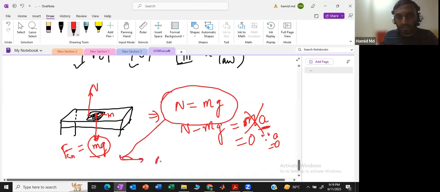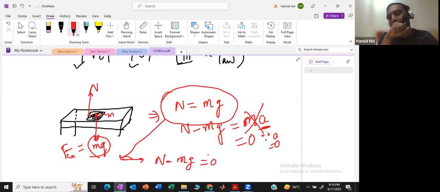Can we write N minus mg equal to 0? Just bring mg to one side, right? No confusion now. So now we'll jump to Newton's first law. You make the note, then we'll jump.